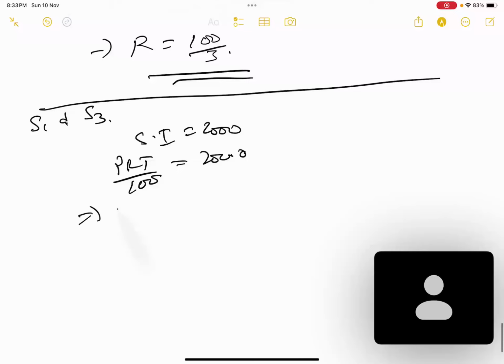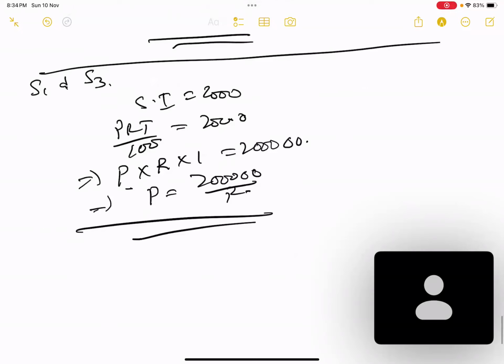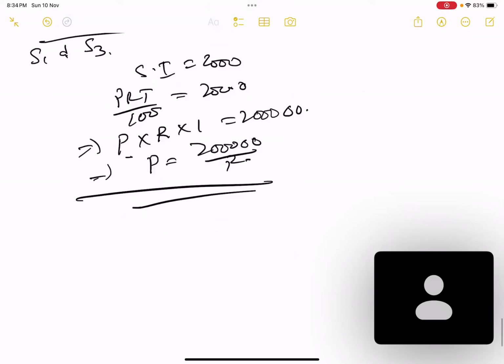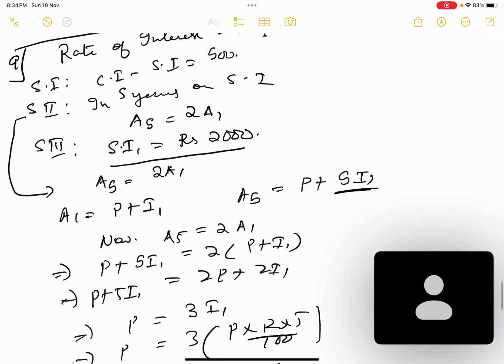Principal we don't know, rate also we don't know, and time is 1, so principal is 2000000 by R. So from statement 3 we get this as principal. Now we also know that it's compound interest minus simple interest in 2 years.